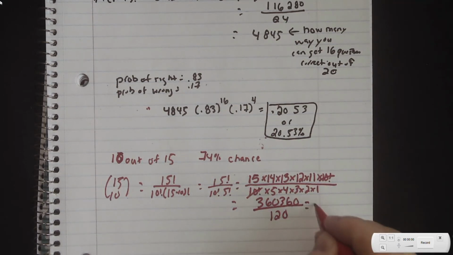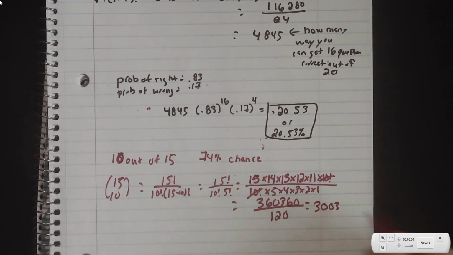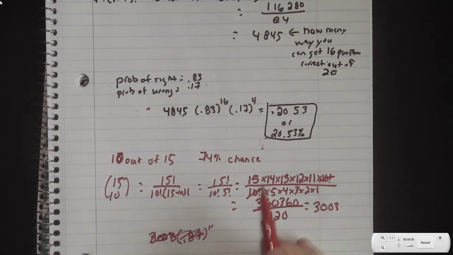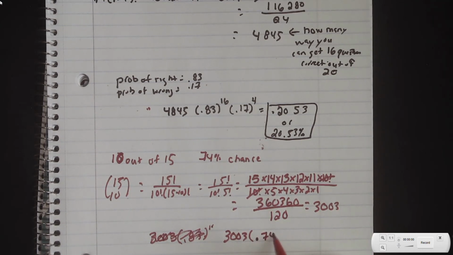So it ends up with 3003. So what I'm going to get is 3003 times... I'm copying the last question. 3003, my probability of getting the job is 0.74 to the 10th power, because we want 10 people to get the job.